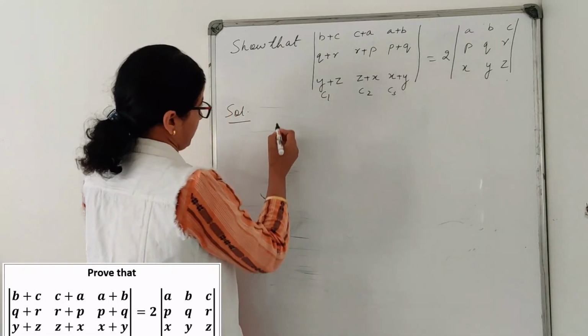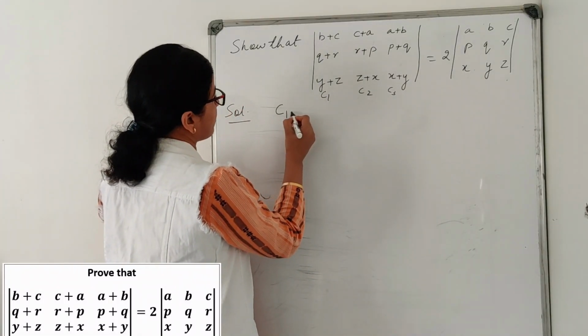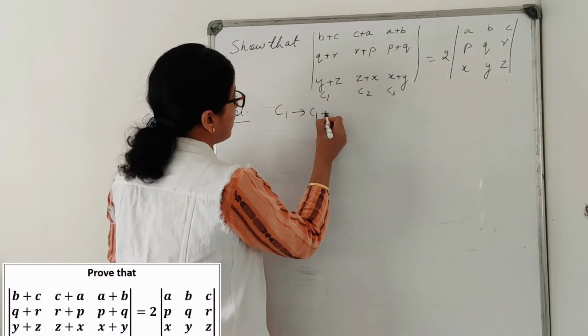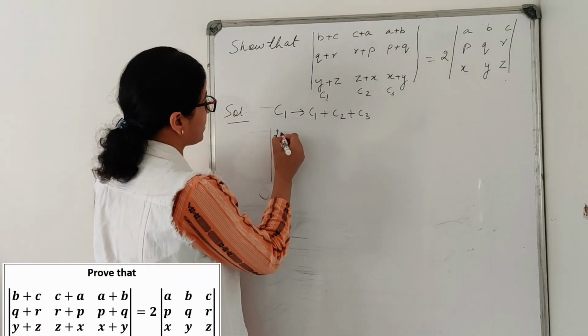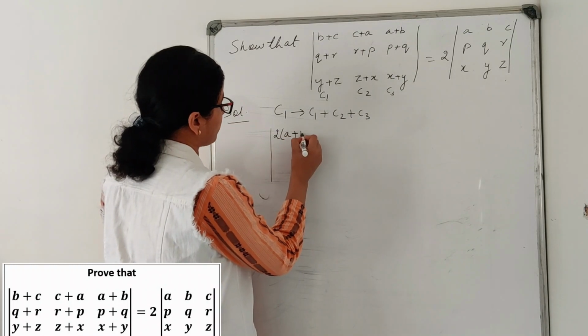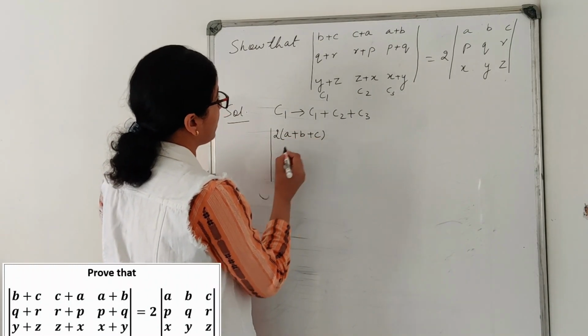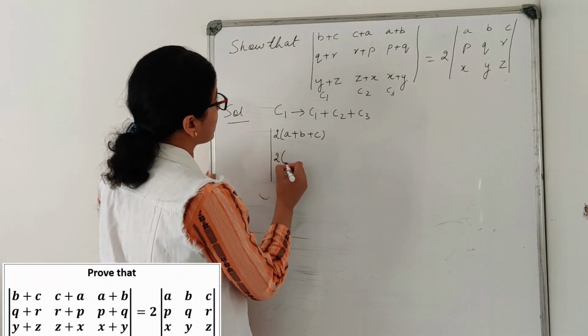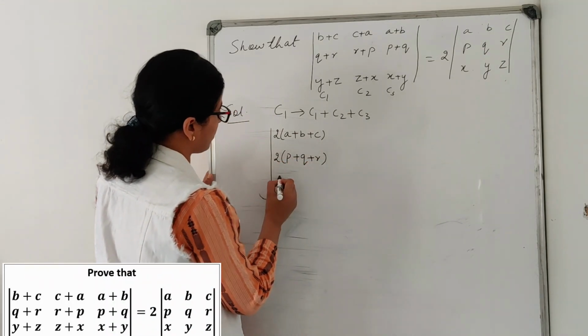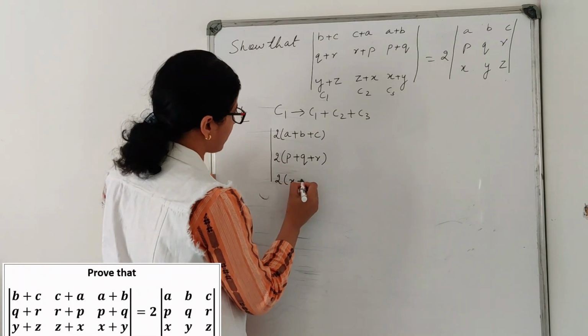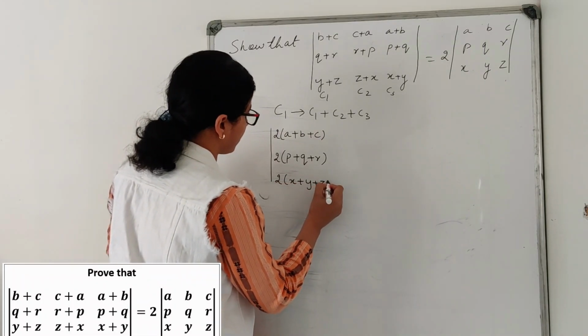Okay, so basically what I am going to do, C1 tends to C1 plus C2 plus C3. Okay, twice a plus b plus c. Okay, here you will get twice p plus q plus r. Here you will get twice x plus y plus z.